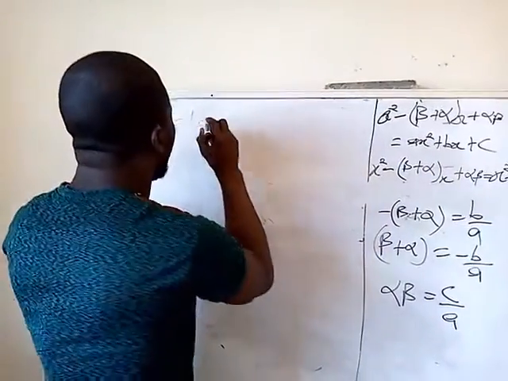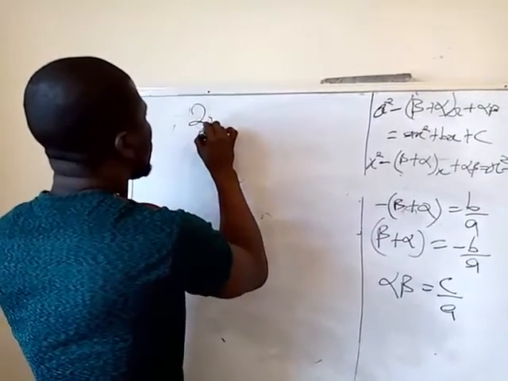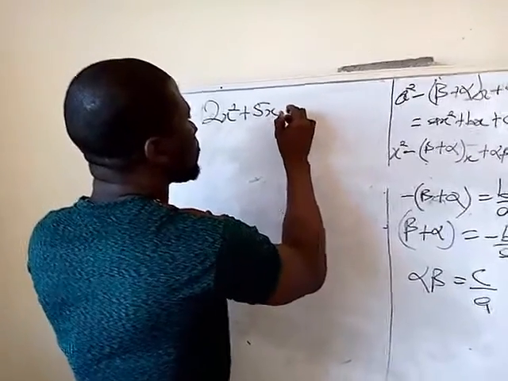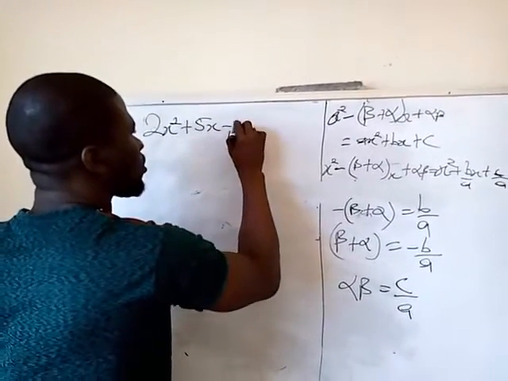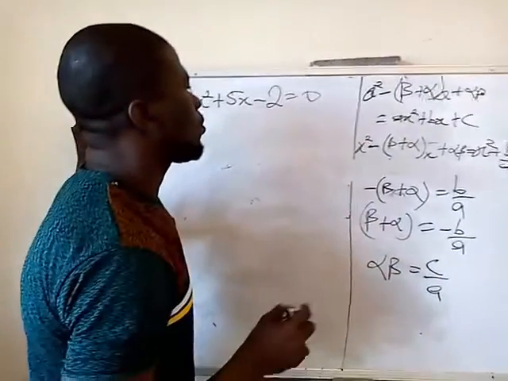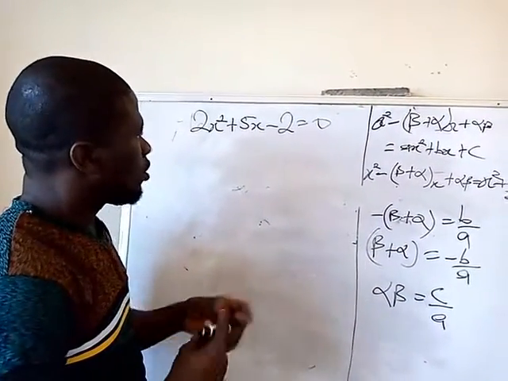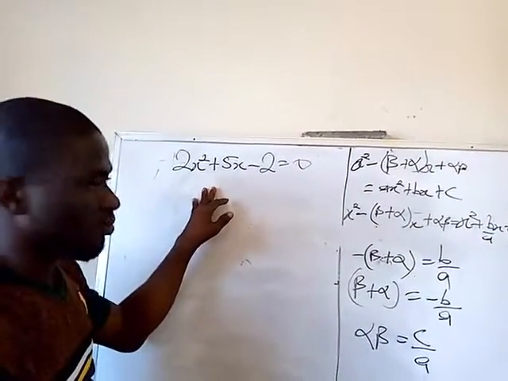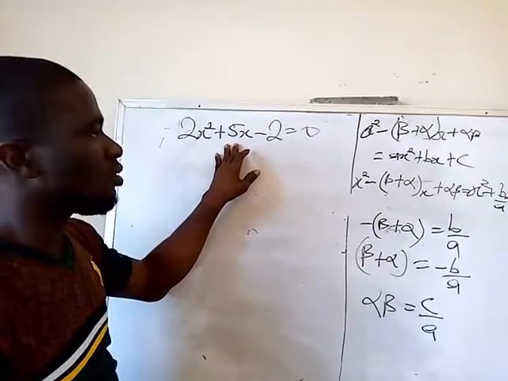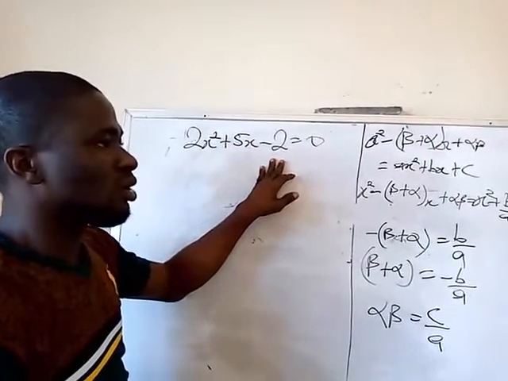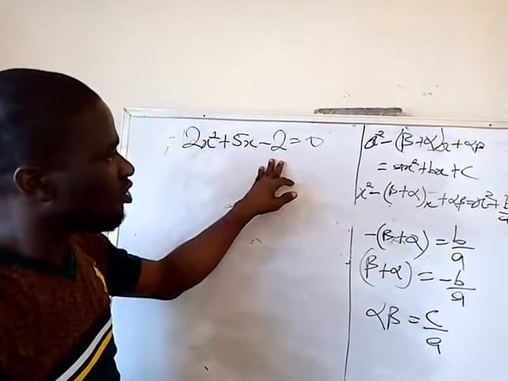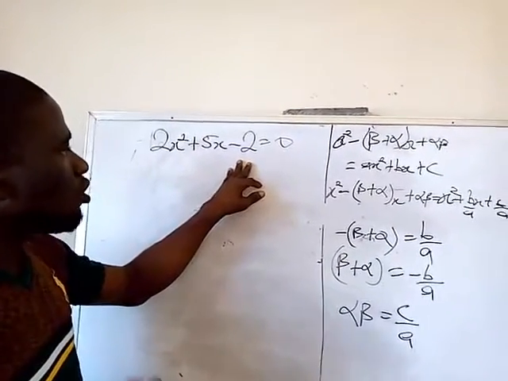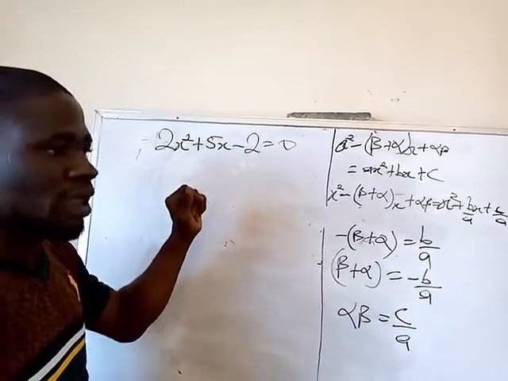If you are given an equation like, say, 2x squared plus 5x minus 2 equal to 0, and you are asked to find the roots of this quadratic equation, not forming a quadratic equation, I want to find the sum and product of the roots. Later I will also solve another one where we will form an equation.